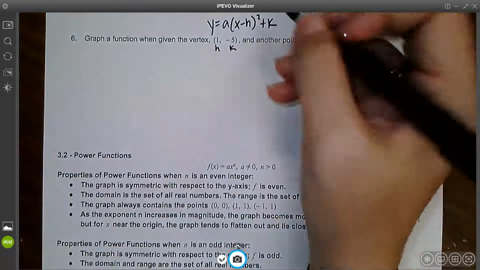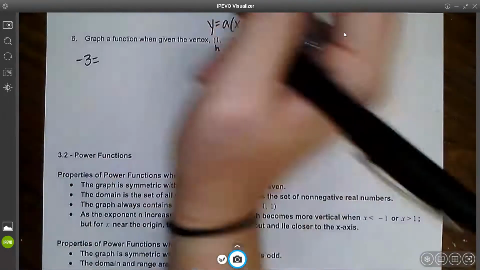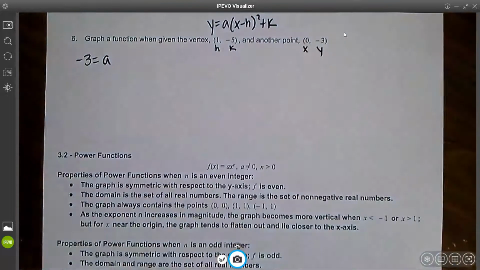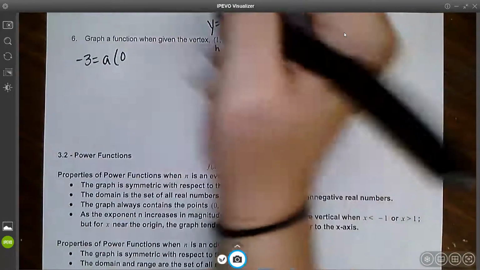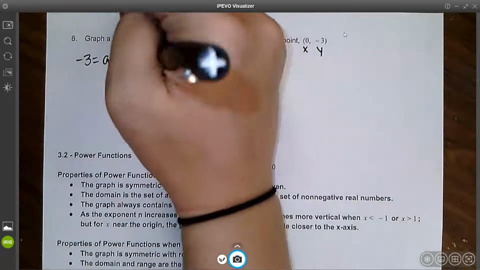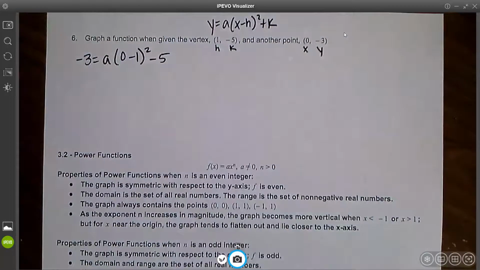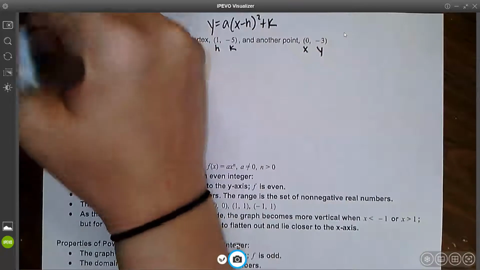So I'm just plugging these into this equation. y is -3, so I have -3 equals, I do not know a. That's what I'm solving for. x is 0 minus h, so (0 minus 1) squared, and then plus k, k is -5. And I'm going to solve this equation for my a value. So add 5 to both sides.